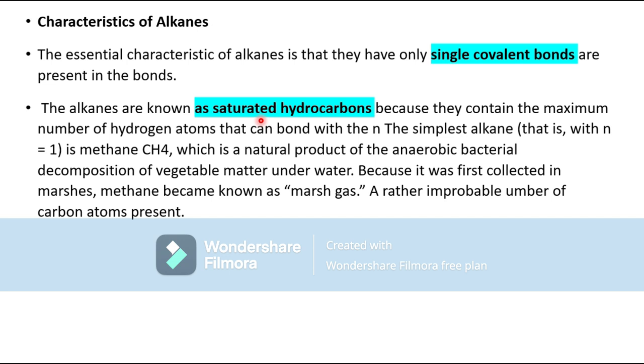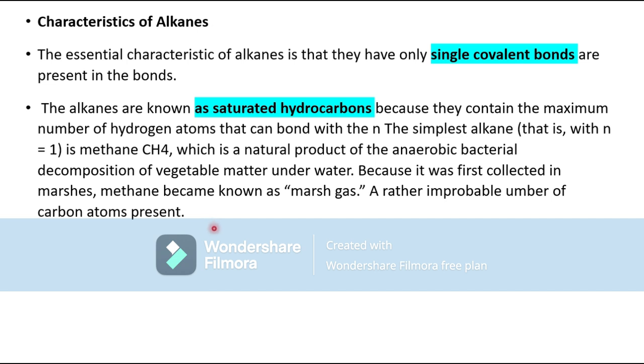Methane is the natural product of anaerobic bacteria, the decomposition of vegetable matter underwater. Because it was first collected in marshes, methane became known as marsh gas.